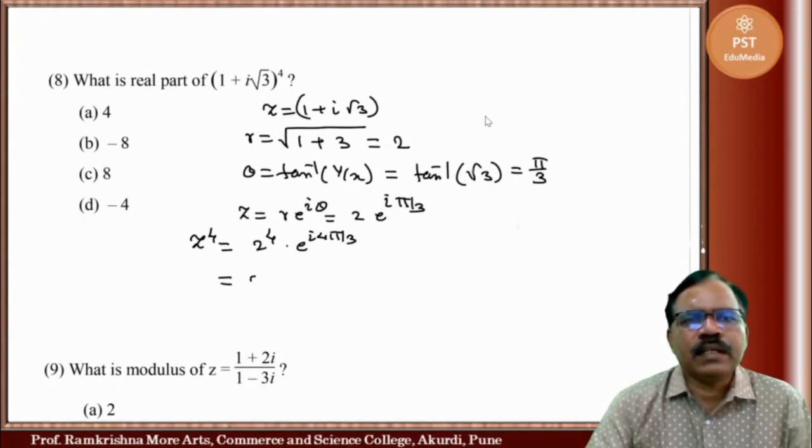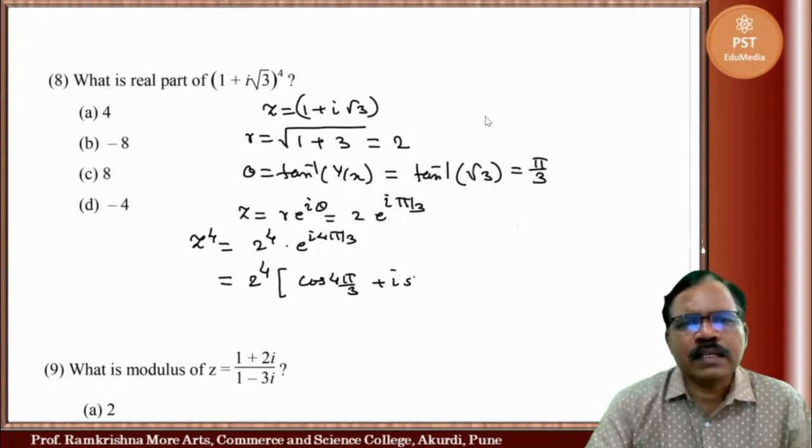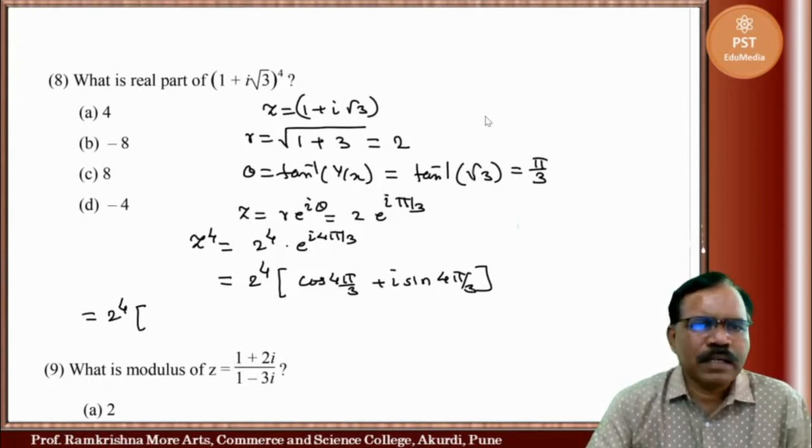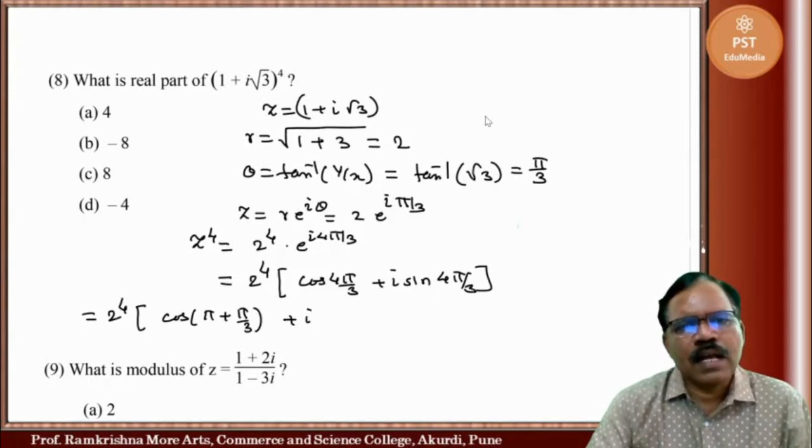So we get 2 raised to 4 (cos 4π/3 + i sin 4π/3). So we get 2 raised to 4 cos 4π/3, that is cos(π + π/3), plus i sin(π + π/3).